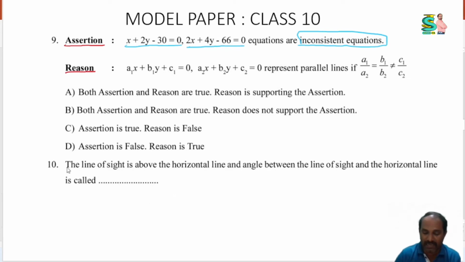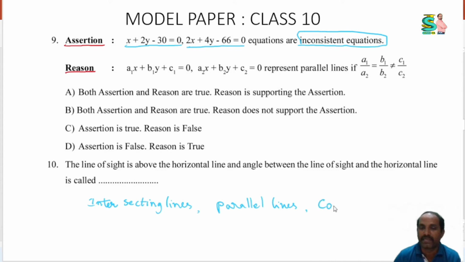How many types of lines do we know? Intersecting lines, next parallel lines, and coincident lines.